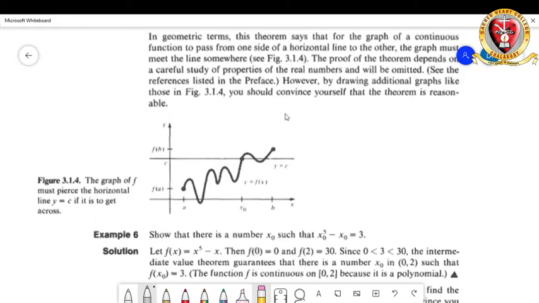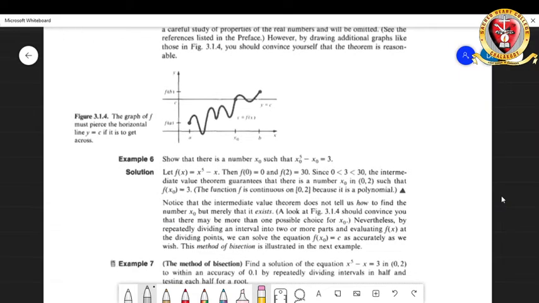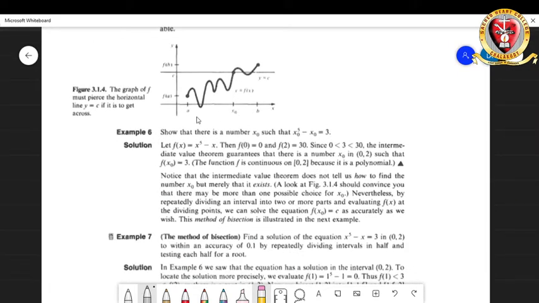And we can see example 6, which asks us to show that there exists a number x naught such that x naught raised to 5 minus x naught is equal to 3. Obviously, we have to use the intermediate value theorem because this is related to that.